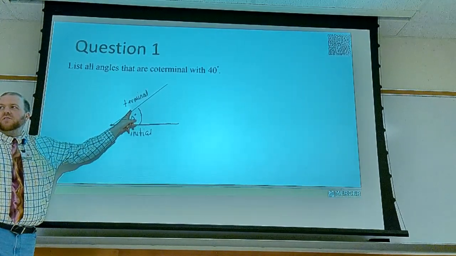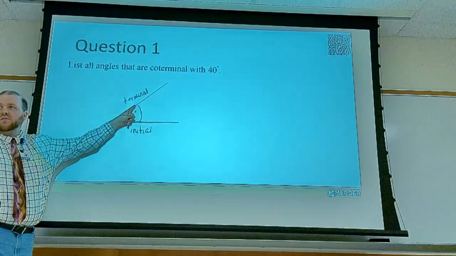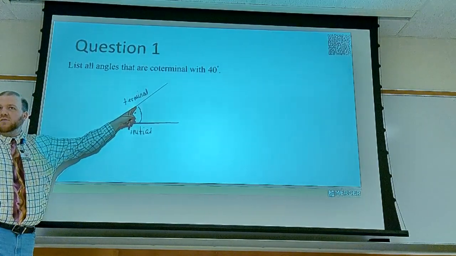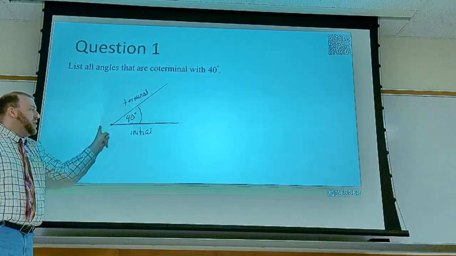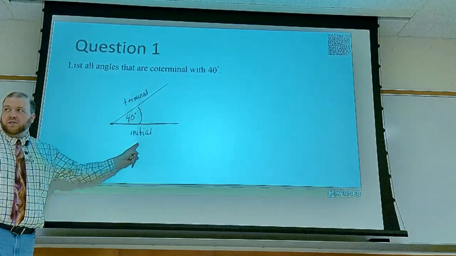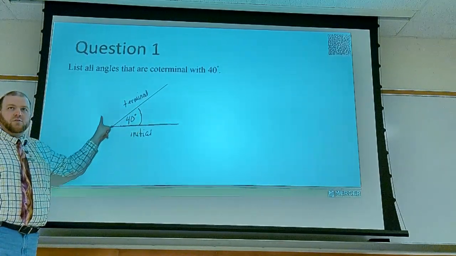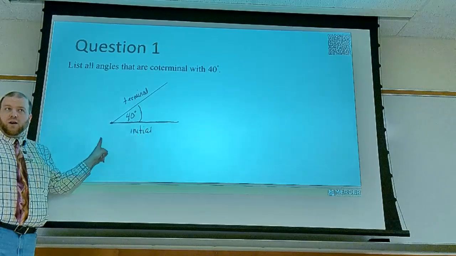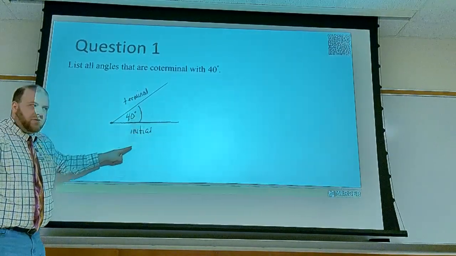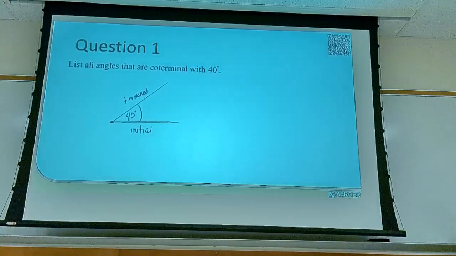One full rotation would be 360 degrees. Yes, that'd be coterminal, so 360 plus 40. If I do another 360, it'd still be coterminal. Or the opposite: negative, go clockwise. So it's actually any multiple of 360 degrees.